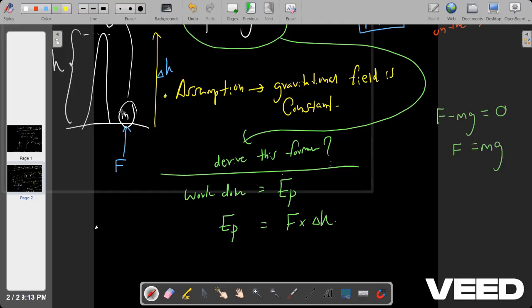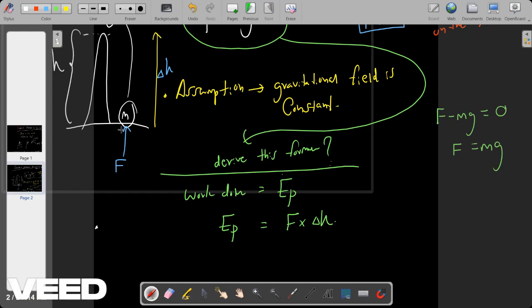The object is in equilibrium, because if we consider a velocity for this object, then it has two energies. So the work done is equal to both potential energy stored and kinetic energy stored. But here we are assuming we are taking it up slowly or at a constant velocity. Therefore, there is no change in kinetic energy.